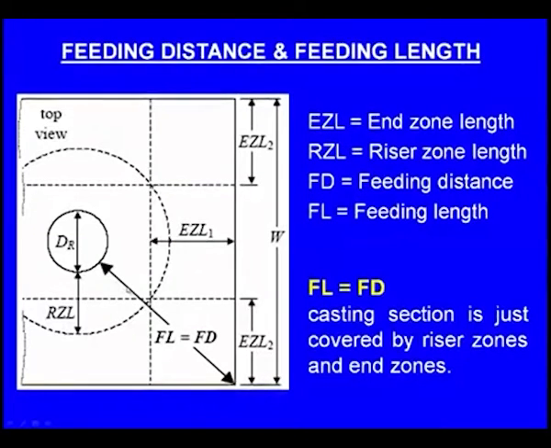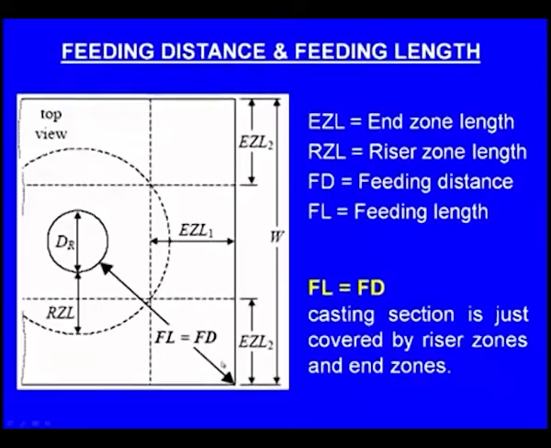Here this much is the riser effect RZL, which is covered in the riser zone. Now from this end to this end you see this is the end zone, up to this point is the end effect. So the sum of end effect and riser effect is known as the feeding distance.